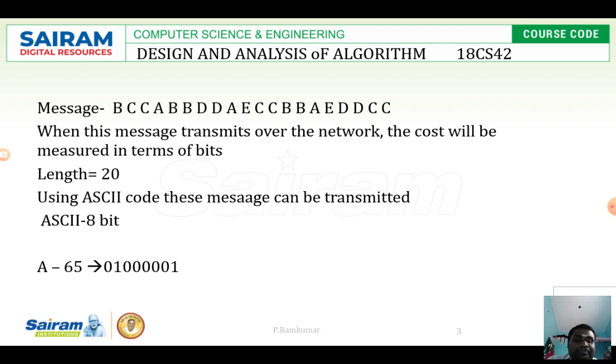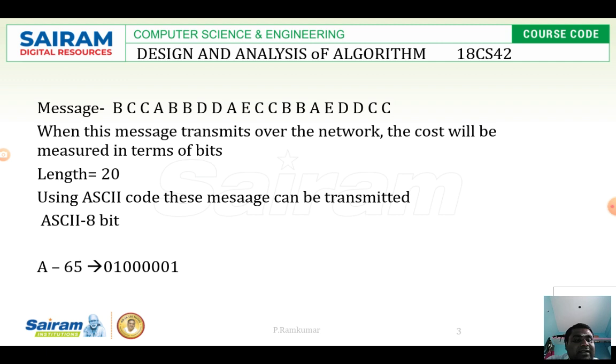Now when you look at the characters of the message, each character is represented by a capital alphabet, and each capital alphabet will be represented in ASCII format. ASCII means American Standard Code for Information Interchange. The ASCII code is represented in 8 bits.